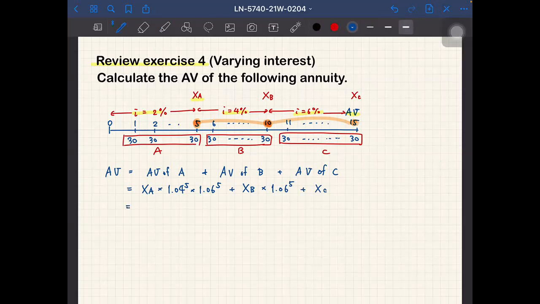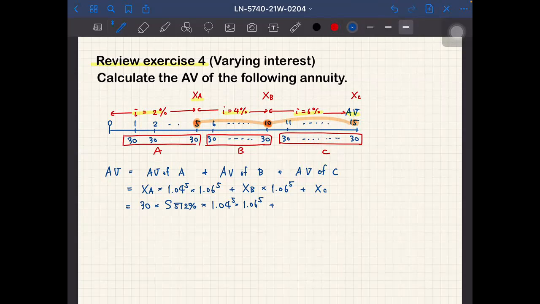And what are XA, XB, and XC? XA is the $30 payment for 5 years, accumulated: 30 times s angle 5 at 2%. Then we multiply by 1.04 to the 5th power and 1.06 to the 5th power. Then what is XB?